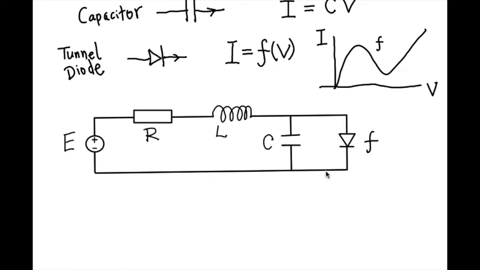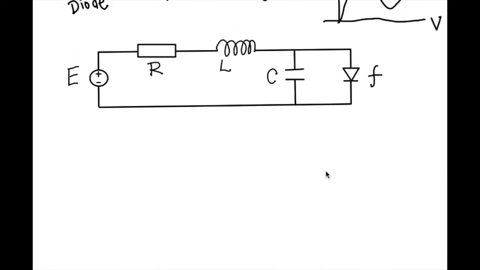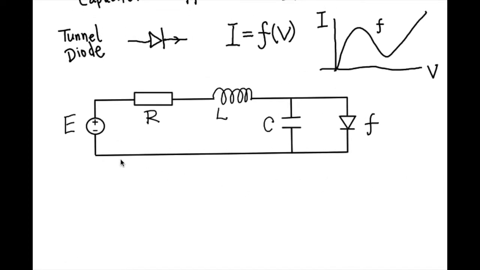Now we will try to write down a differential equation for this circuit. Let's look at the known quantities. The battery voltage is known, the resistance R, inductance L, and capacitance C are known, and this tunnel diode is also known.